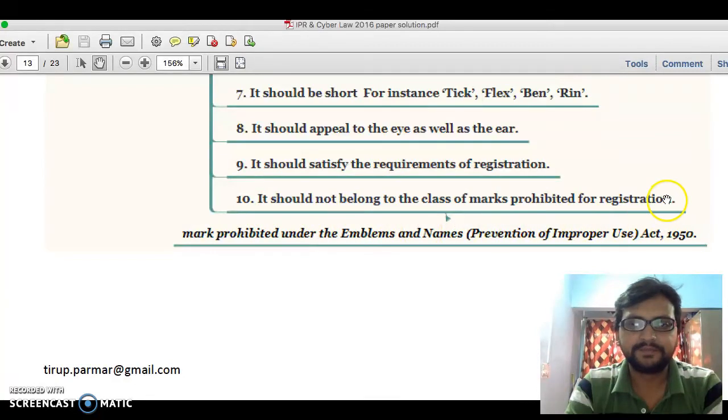Now remember one thing: somewhere after 1950, the government banned the use of national emblems, national signs, and some freedom fighters.